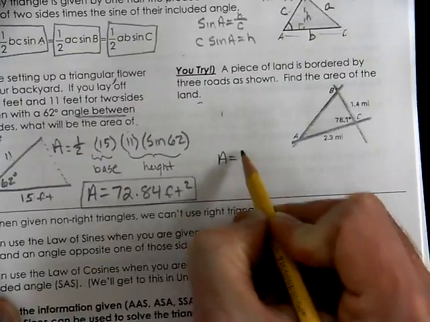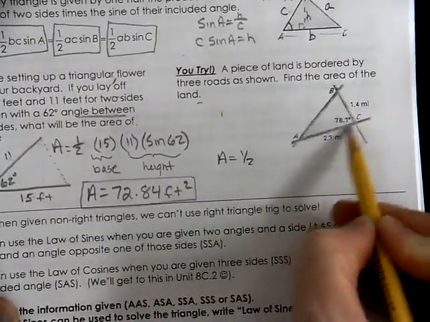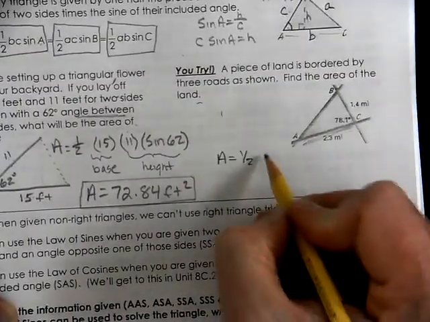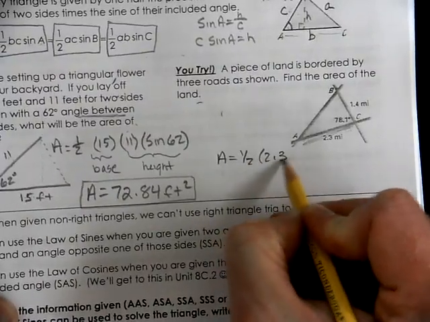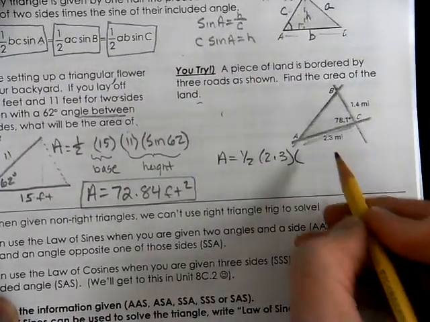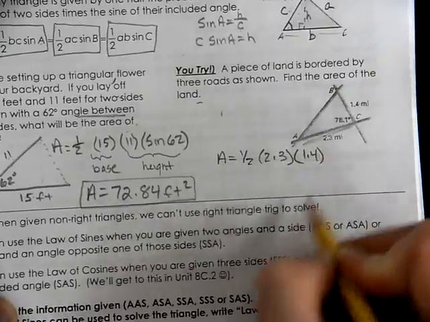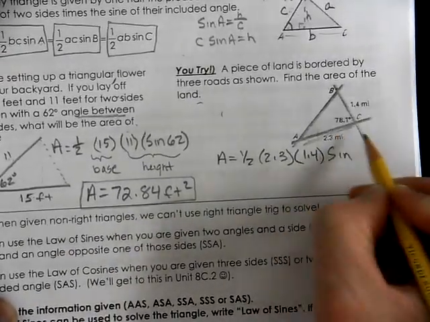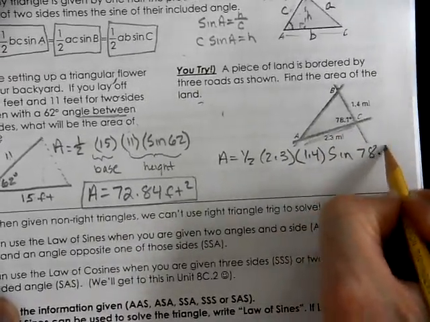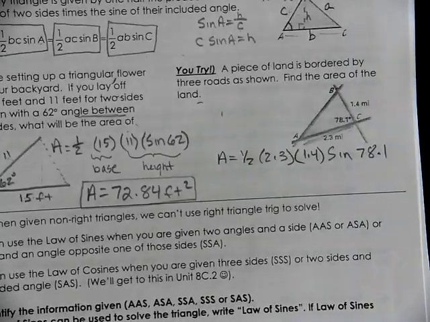So the area equals half the one side, it really doesn't matter which one you choose first, times the other side, which is 1.4, times the sine of the angle. The order doesn't matter.